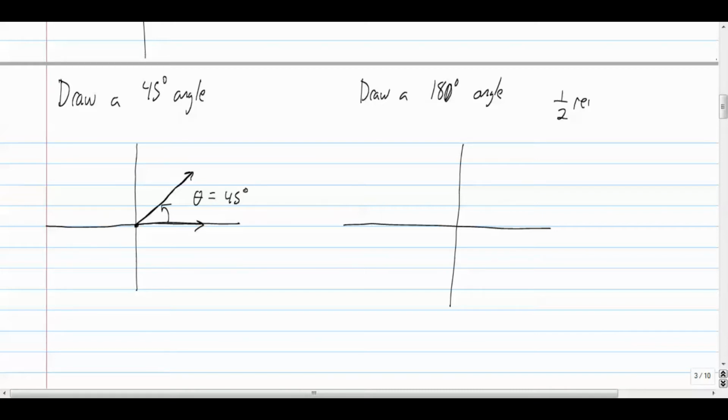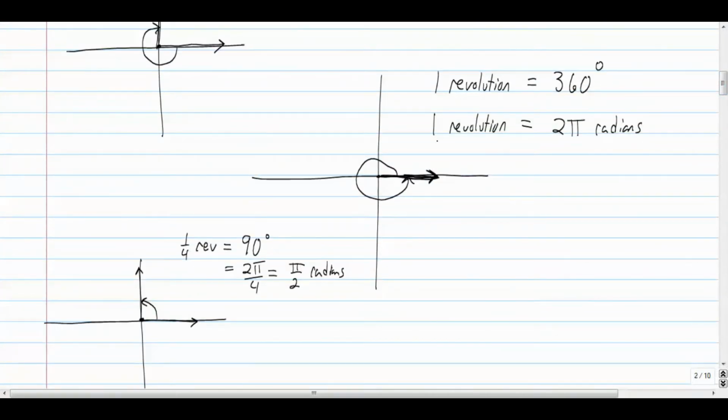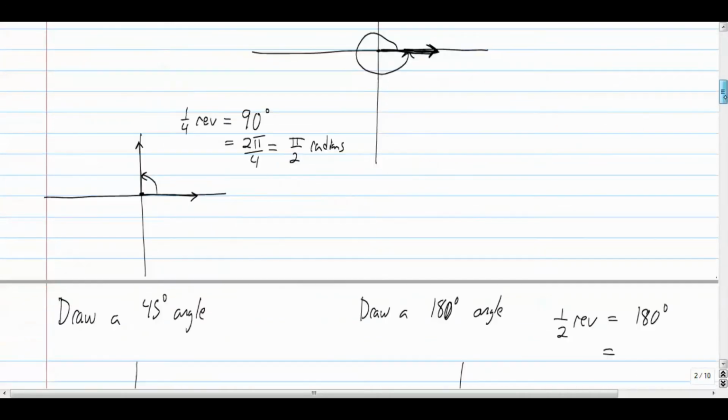So half of a revolution is equal to 180 degrees, which would also be what in terms of radians? That's right. If one revolution is 2 pi radians, half of a revolution will be half of that. So it'd just be pi radians.